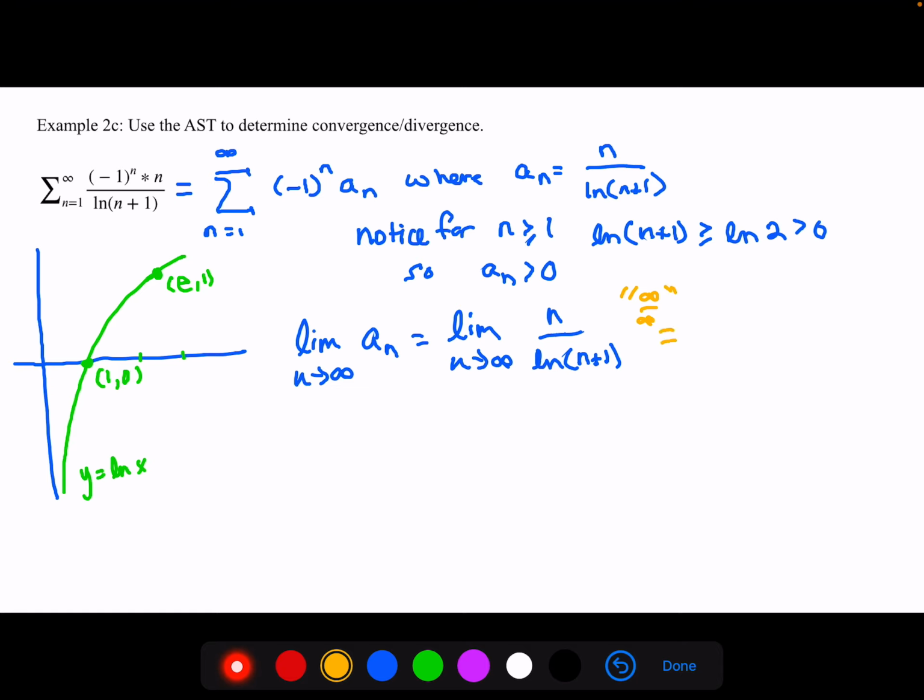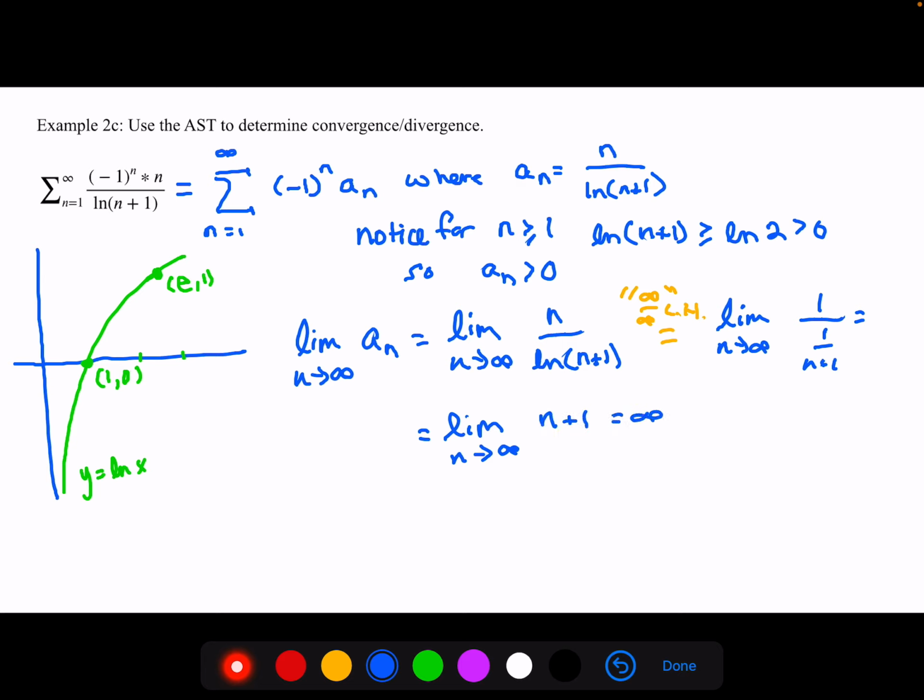That means we're going to apply L'Hopital's rule, and we'll take the derivative of the top and the derivative of the bottom. So we have the limit as n goes to infinity of 1 over 1 over n plus 1, which is equal to the limit as n goes to infinity of n plus 1, which tends to infinity.